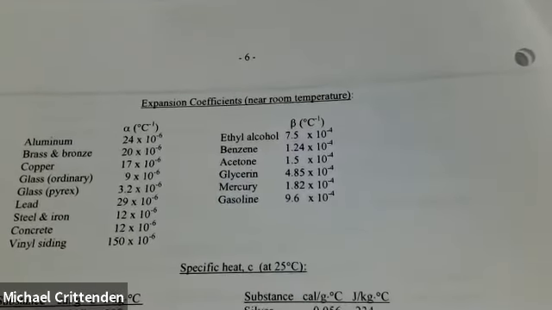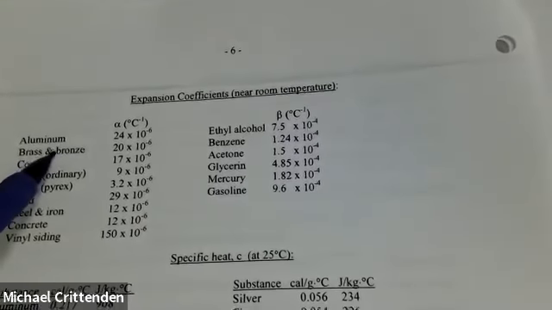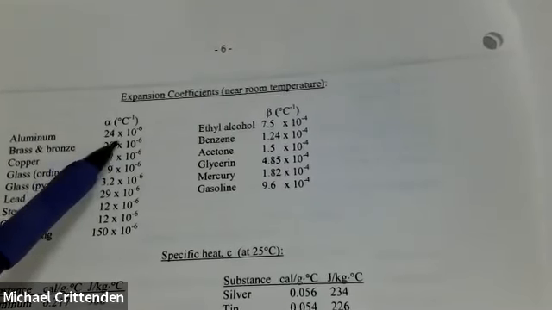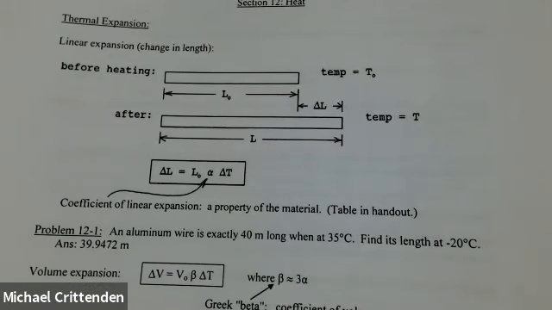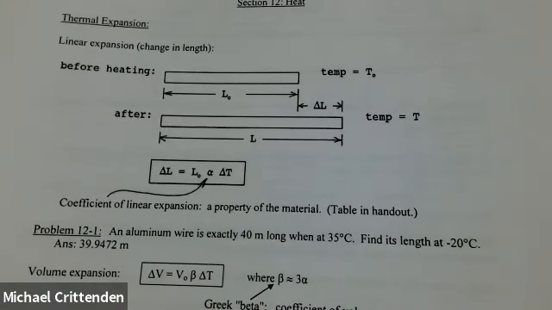But if you ever found yourself needing to calculate how much the volume of a piece of aluminum changed, you would need to multiply this by 3 and stick it in there. And I could run through another example where it was a liquid expanding instead of something's length, but it would look so much like this one, I don't think it's worth the time. So we'll just go right along to the next thing.